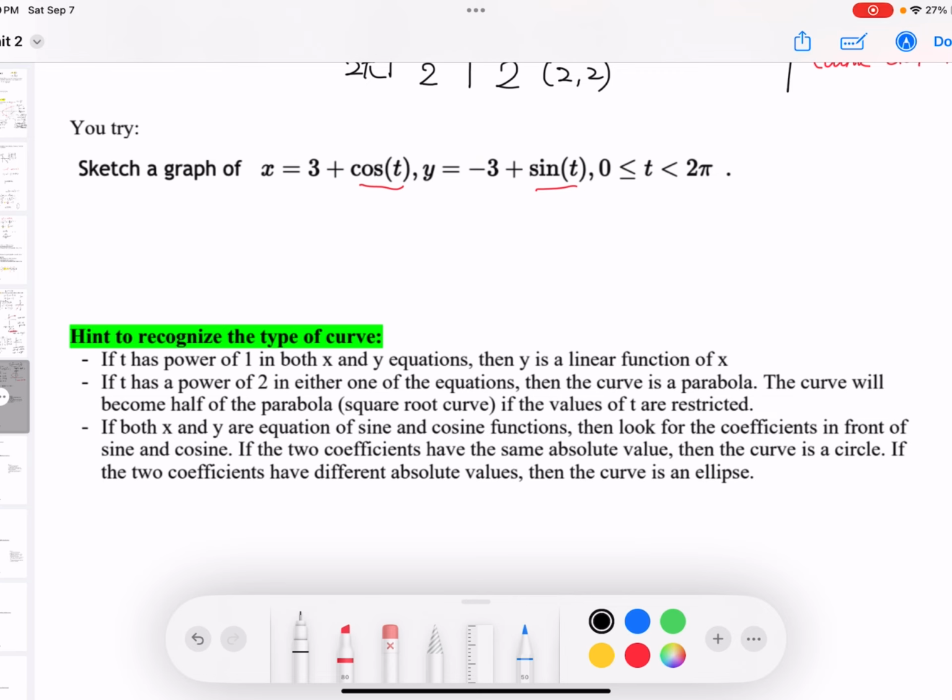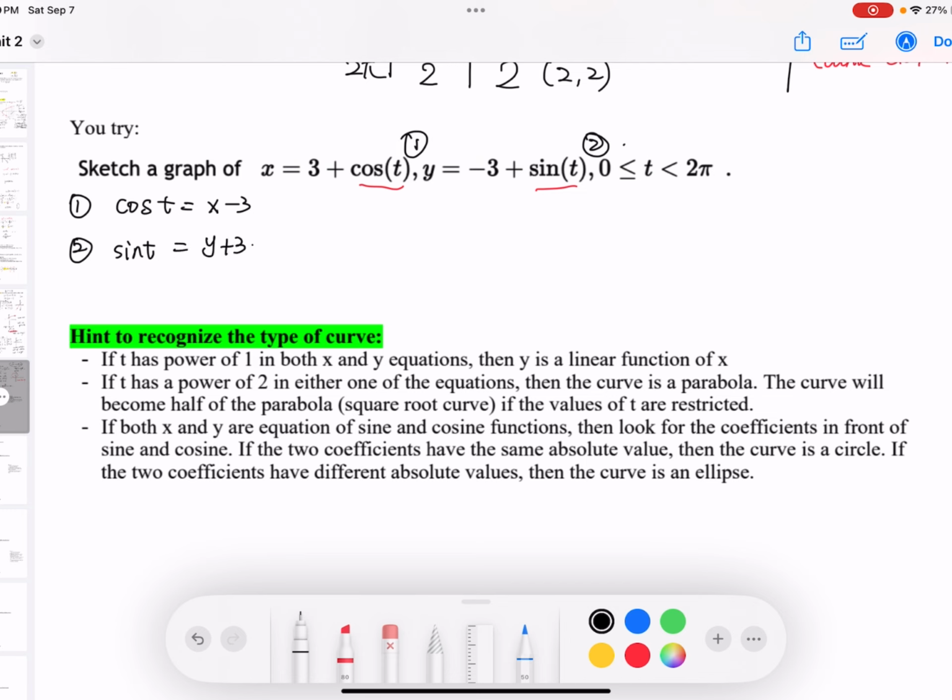So first, let's start from equation 1. Isolate the cosine t. Cosine t is equal to x minus 3, and from the second equation, sine t is equal to y plus 3.